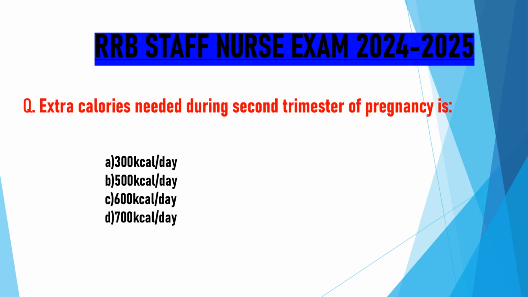Extra calories needed during second trimester of pregnancy is 300 kilocalorie per day, 500 kilocalorie per day, 600 kilocalorie per day, 700 kilocalorie per day. So the answer is option A, 300 kilocalorie per day.